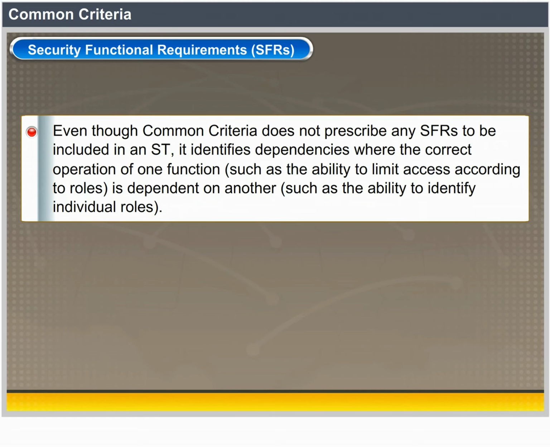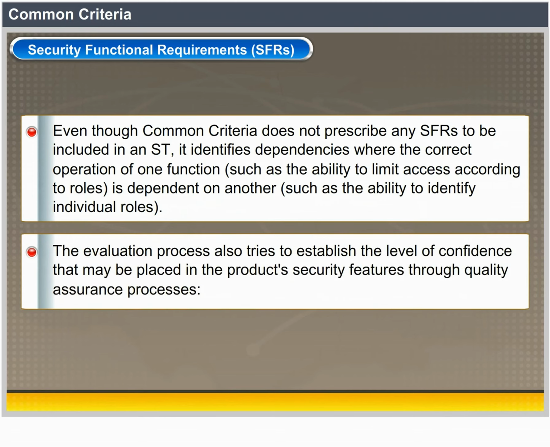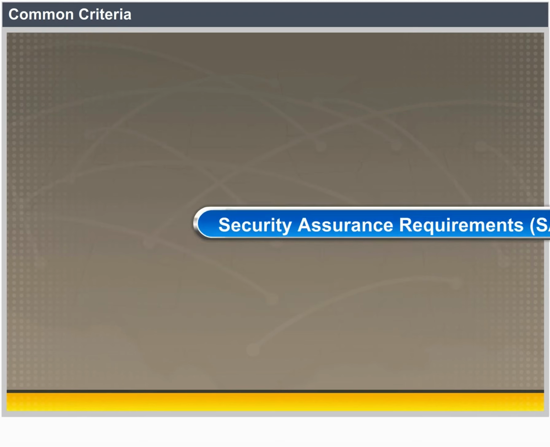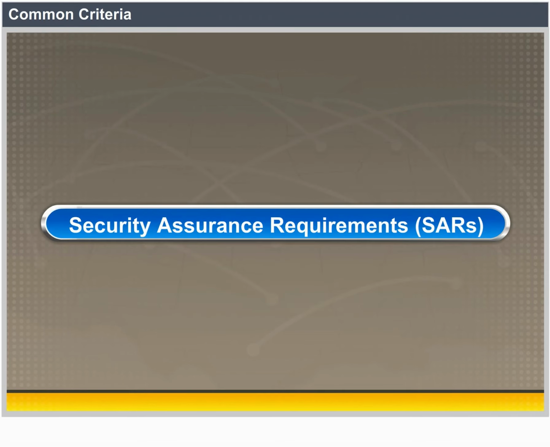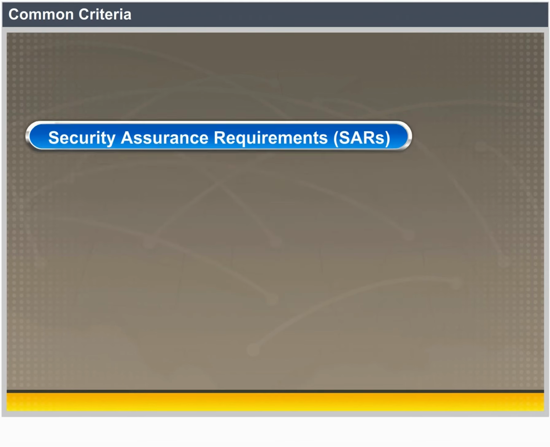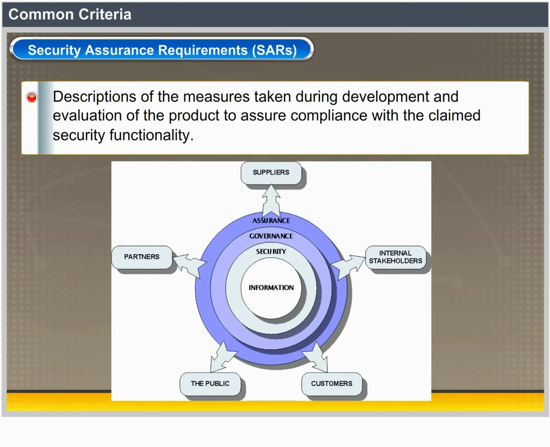The evaluation process also tries to establish the level of confidence that may be placed in the product's security features through quality assurance processes. Security Assurance Requirements (SARs). Descriptions of the measures taken during development and evaluation of the product to assure compliance with the claimed security functionality.